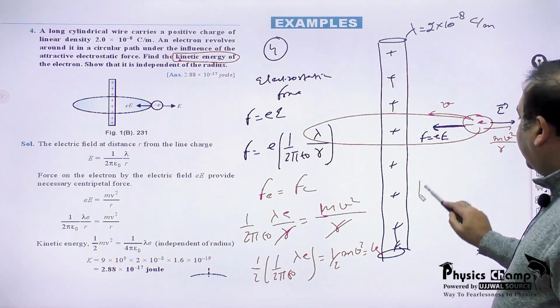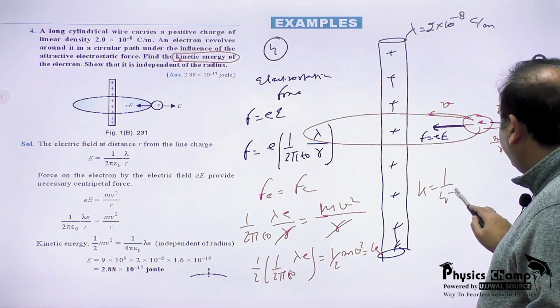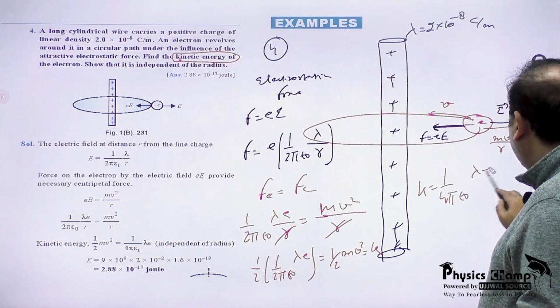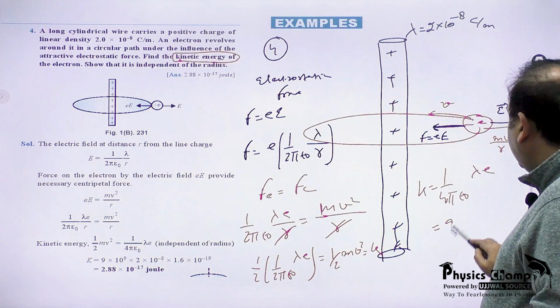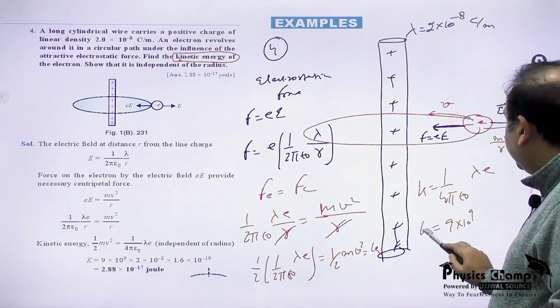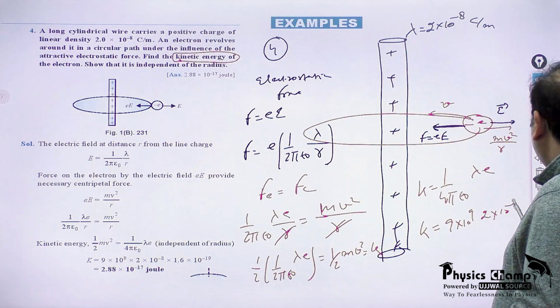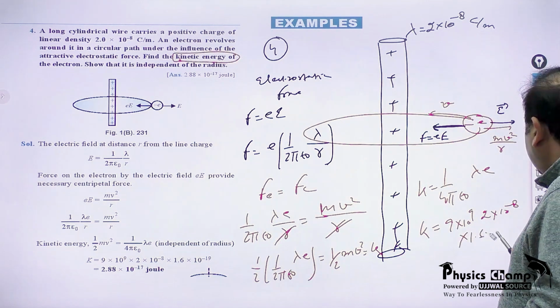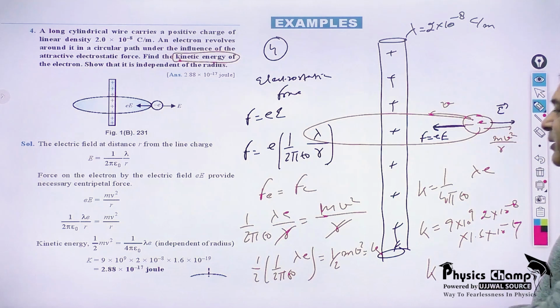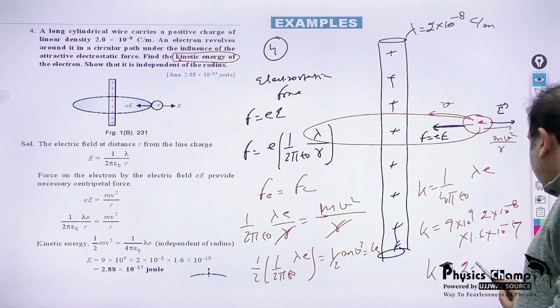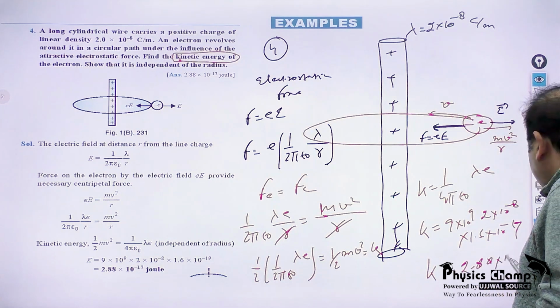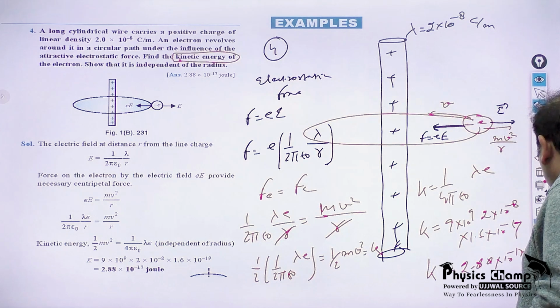So kinetic energy of the electron is 1 by 4 pi epsilon naught lambda e, and let's put the value 9 into 10 to the power 9, linear charge density 2 into 10 to the power minus 8 and charge 1.6 into 10 to the power minus 19. So the kinetic energy is 2.88 into 10 to the power minus 17 joules.